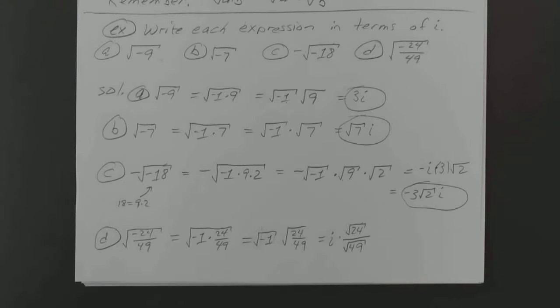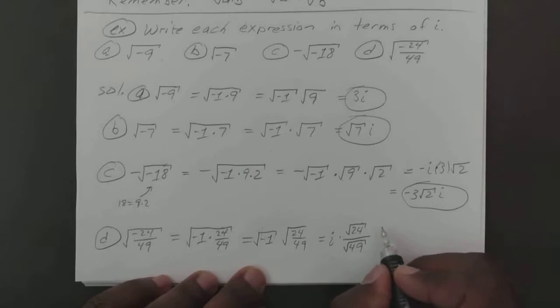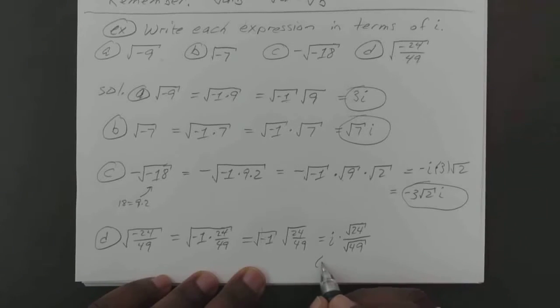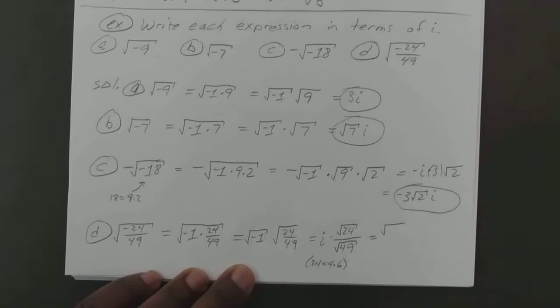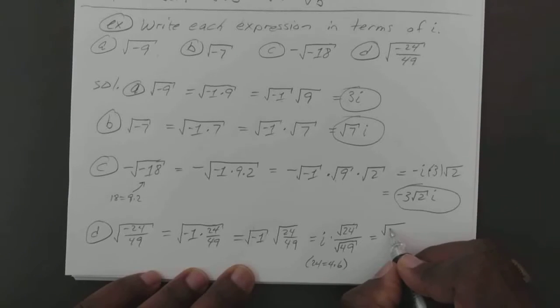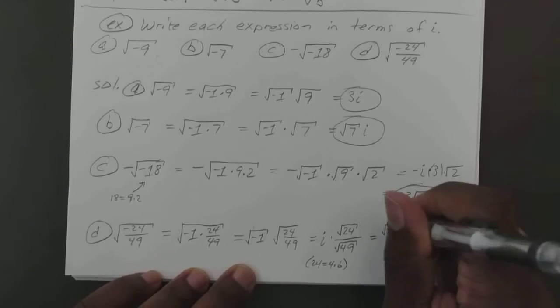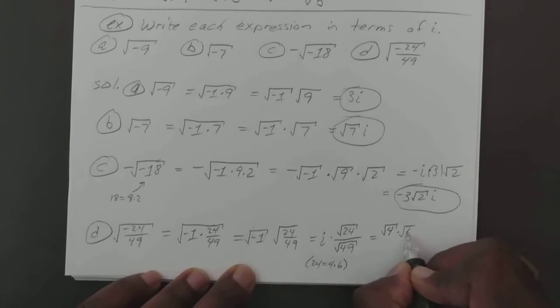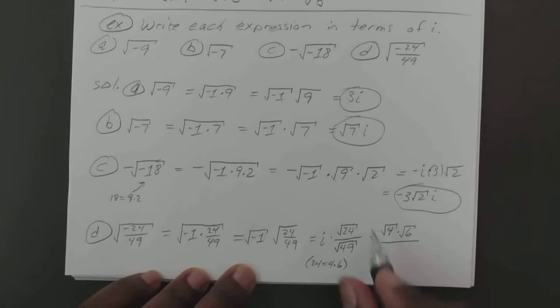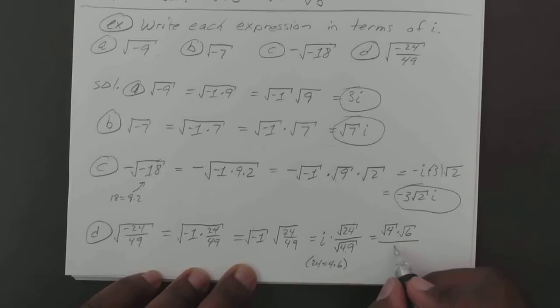Okay, so remember the square root of 24, to have a perfect square, you can make it 4 times 6. You could use 8 times 3, but 8 isn't a perfect square, so you want to pick 4 and 6. So we know that 24 equals 4 times 6. So that's going to equal the square root of 4 times 6, divided by the square root of 49, which is 7.